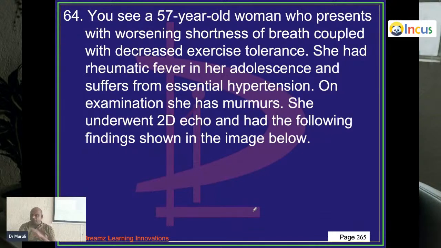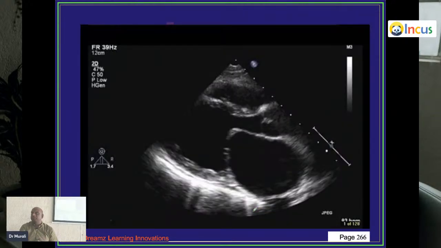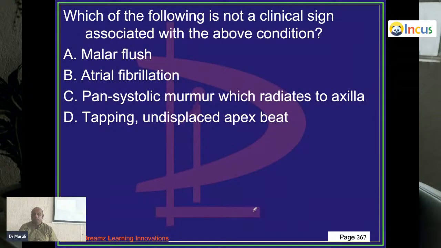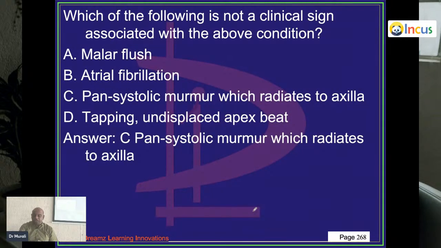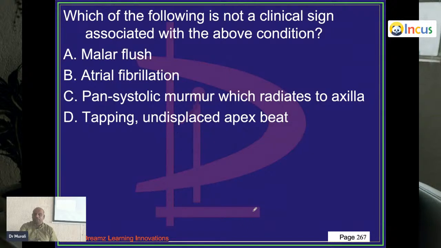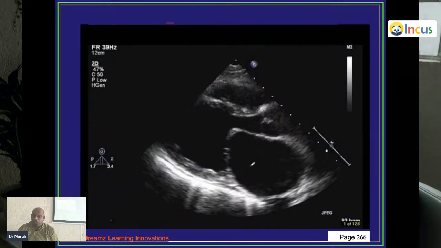You see a 57-year-old woman with worsening shortness of breath, and she has murmurs. She underwent a 2D echo, as you can see here. Now, what is the condition associated with this typical finding? Here, doctor, you can see this is called the hockey stick sign, like a hockey stick.